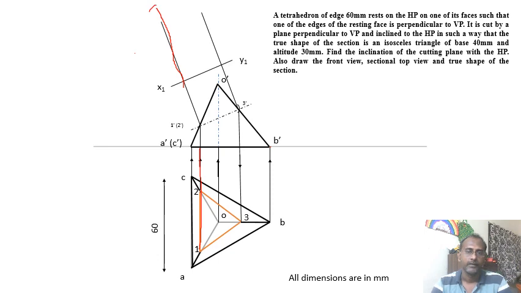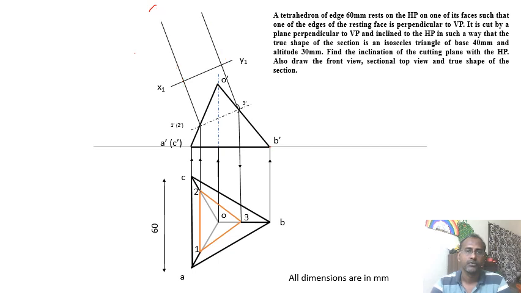Similarly, you take the distance of point 2 from the reference line and transfer here. Similarly, you take the distance of point 3 from the reference line and transfer here. Okay, that is the procedure. Now kindly note down, the drawing is not to scale.